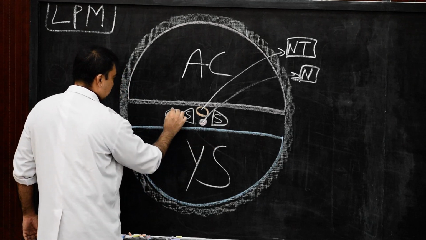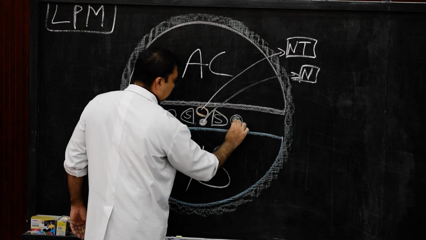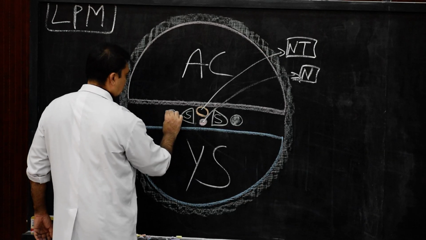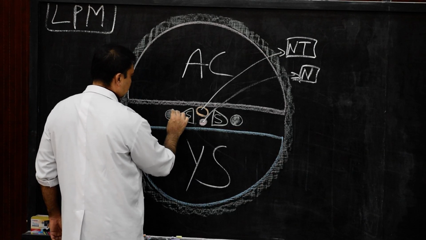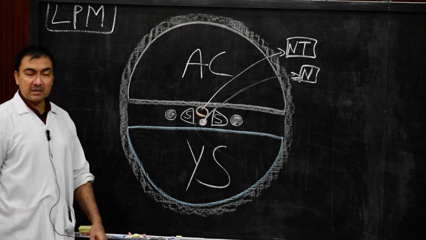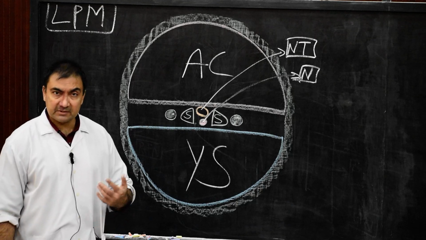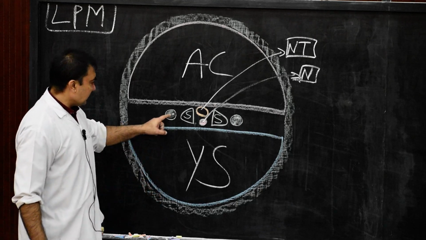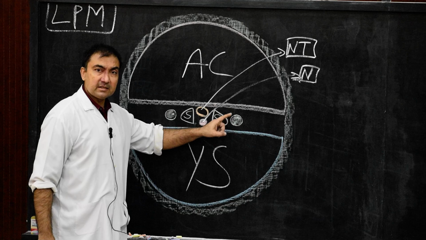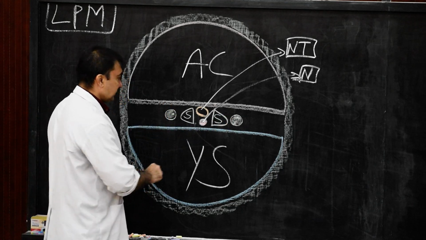Then here we are going to show this as the intermediate mesoderm. Now intermediate mesoderm is going to develop completely into the urogenital system, urinary organs and reproductive organs. Please note down. So the structures that are developing from intermediate mesoderm will be the urinary organs and reproductive organs.